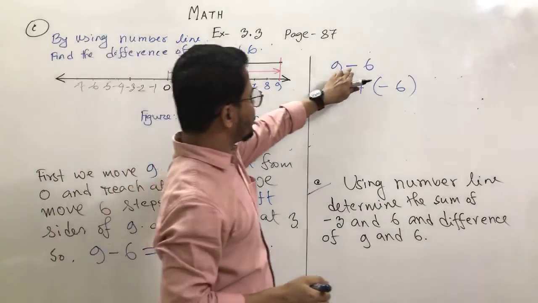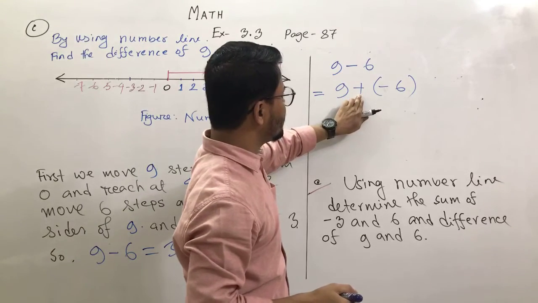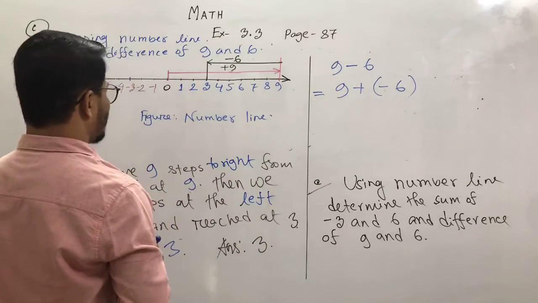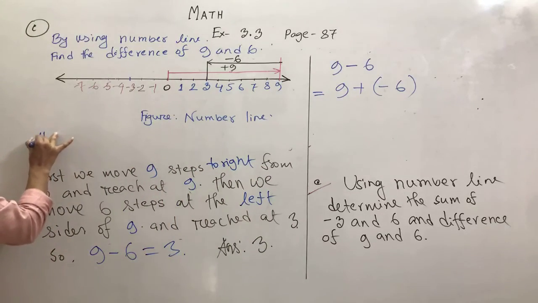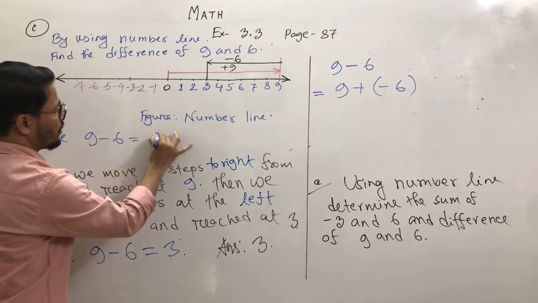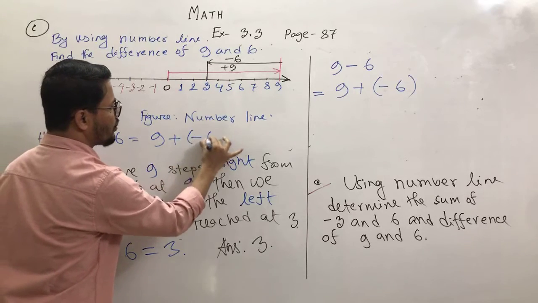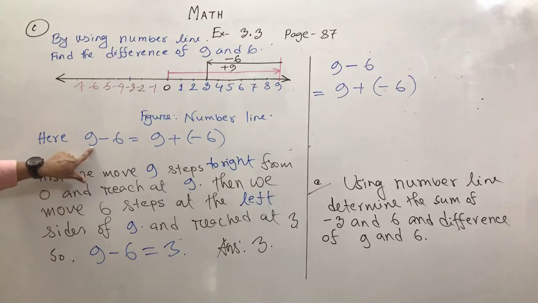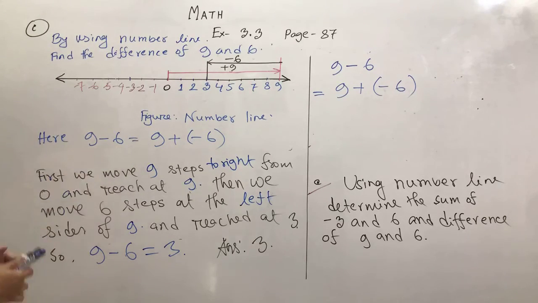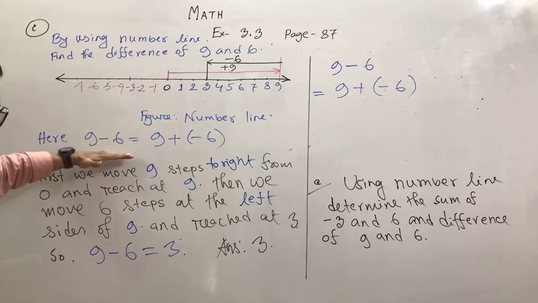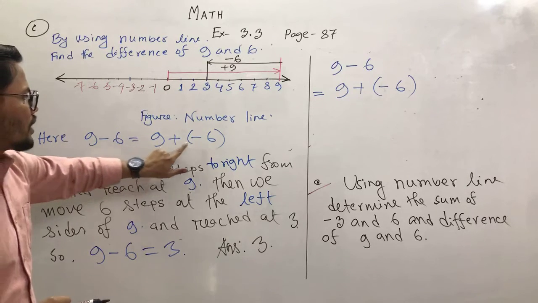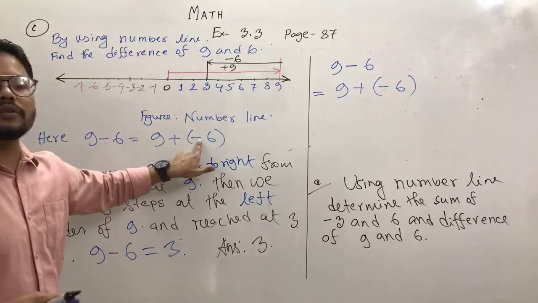Actually, subtraction, difference, is a kind of addition. So dear students, 9 minus 6 equals 9 plus -6. Now this will be easy for you to write step by step. First line, then start writing the steps. 9 minus 6, the difference is a kind of addition, 9 added with -6.